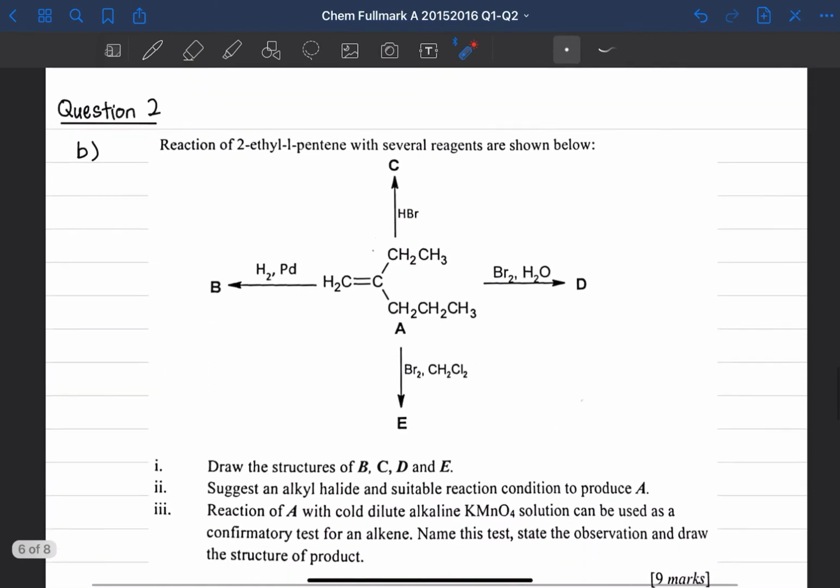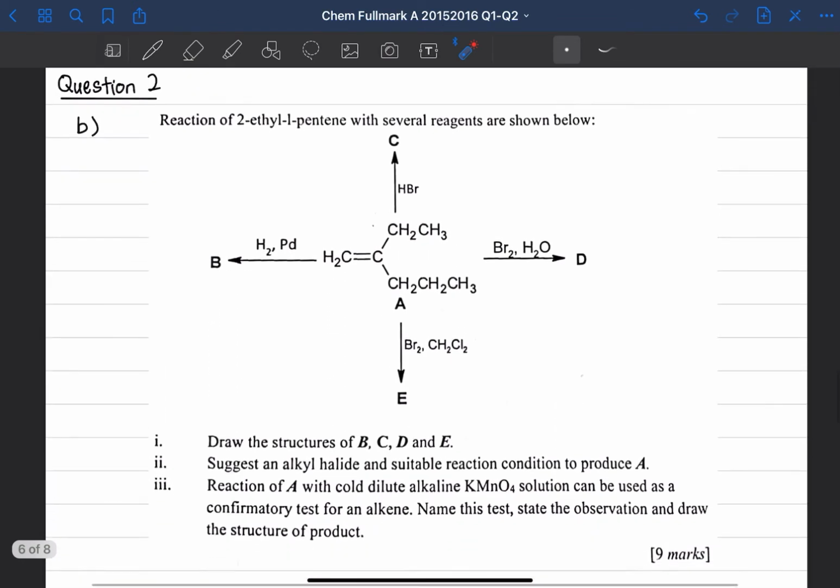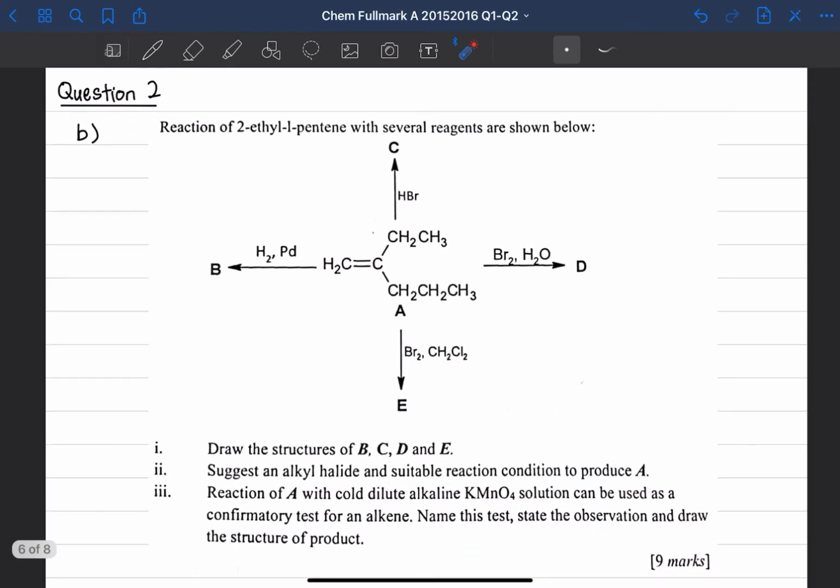Okay, next we move to question 2b. So we have a reaction of 2-ethyl-1-pentene with several reagents shown below. So this is A, 2-ethyl-1-pentene.